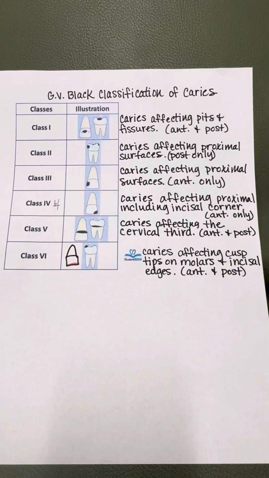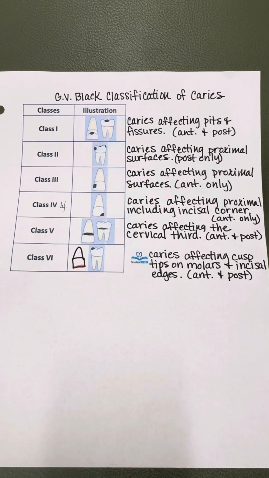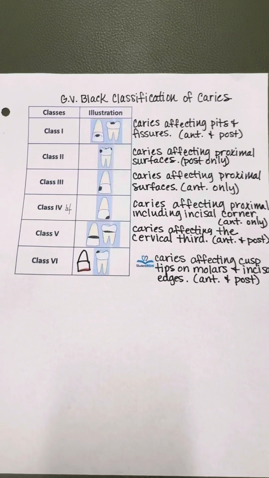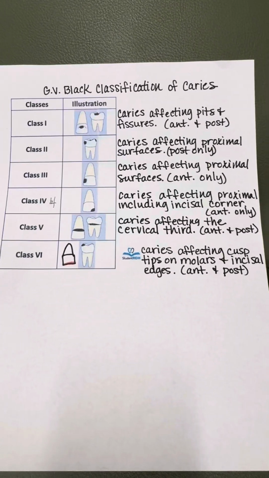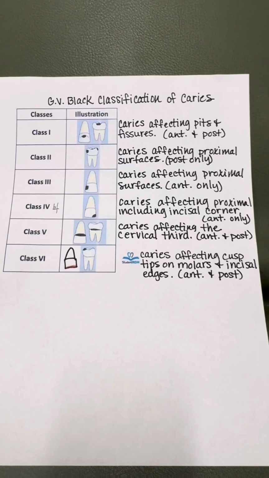But then at the same time, they're making their situation worse by not brushing their gums. So it's just this revolving cycle of harm. So we need to educate our patients that you've got to brush the gum line good.